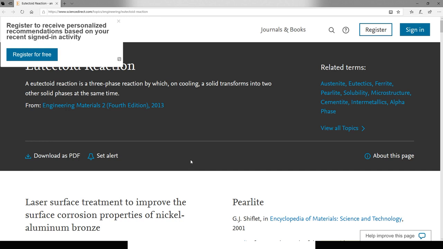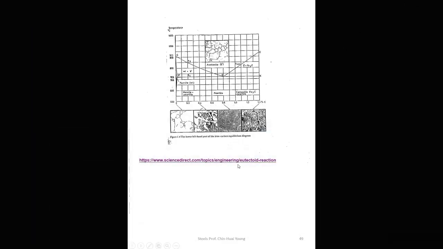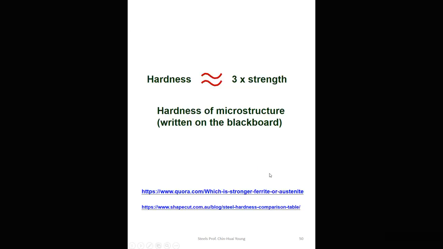This movie, you may look. This is a link, so you can refer to the eutectoid reaction.